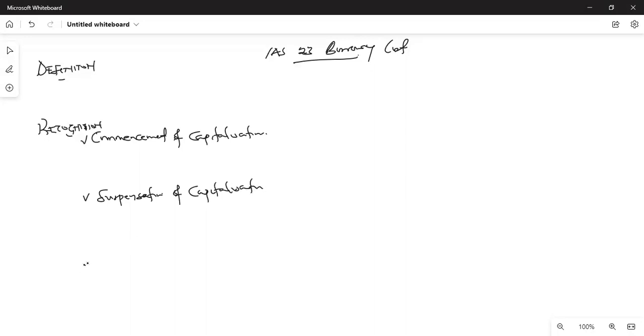We will now go on and talk about cessation of capitalization. Then in terms of the measurement, we will be looking at the capitalization rate.